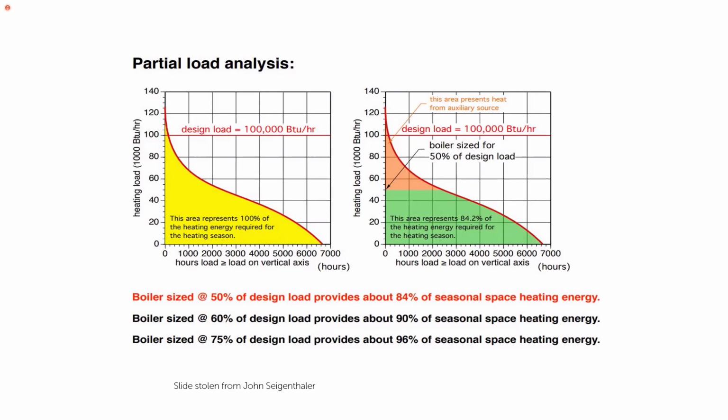And if you're designing for maximum load, you need to make sure that the equipment that you're sizing to meet that maximum load is also going to work efficiently when you're not hitting that peak, because the total number of hours that are actually at design temperature or near it are pretty darn small when you look at the numbers, and that goes for heating and for cooling. But given that we're a heating-dominated climate here, that's what we focus on.